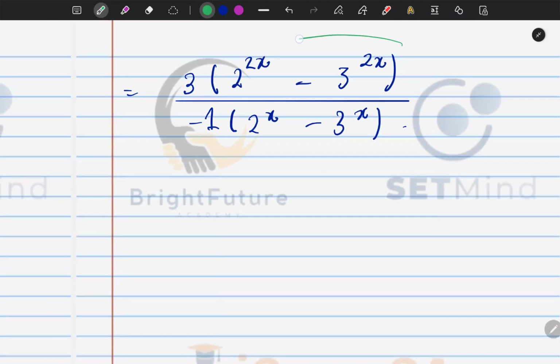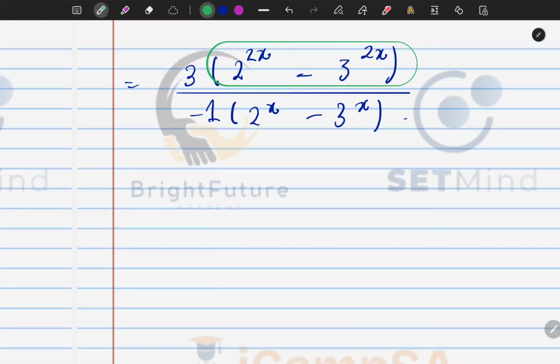This expression, let's just write it here, which is 2 to the power of 2x minus 3 to the power of 2x.